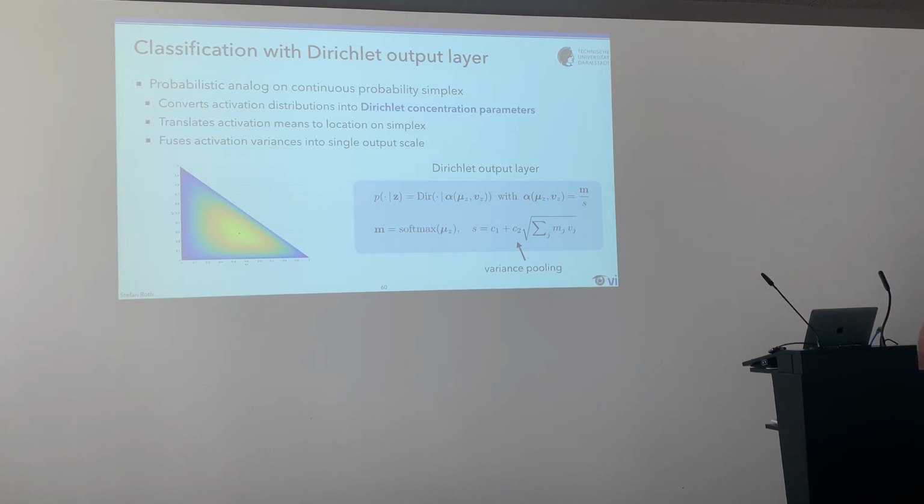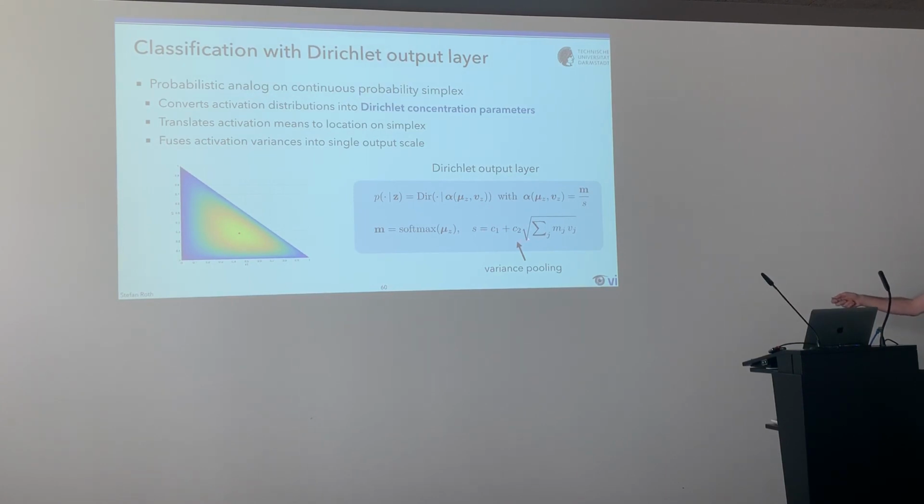Okay? So what we propose is to basically use a standard softmax to give us the center of the Dirichlet, and then the concentration parameter of the Dirichlet, which corresponds to this notion of variance, we basically get out of the variances of the previous layers.